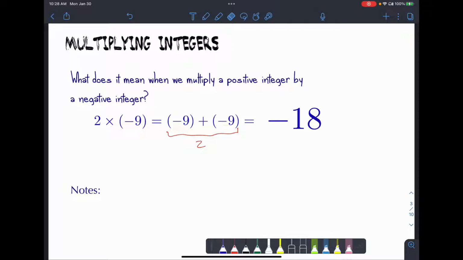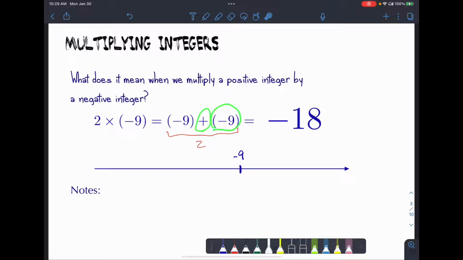And you could do this on a number line. You could draw a number line and count on the number line. So for instance, here's a number line, it goes in both directions. And remember how adding works on the number line. You start at minus 9. And since we're adding a negative number, we're adding a negative 9, it means we're going to move to the left 9 places.